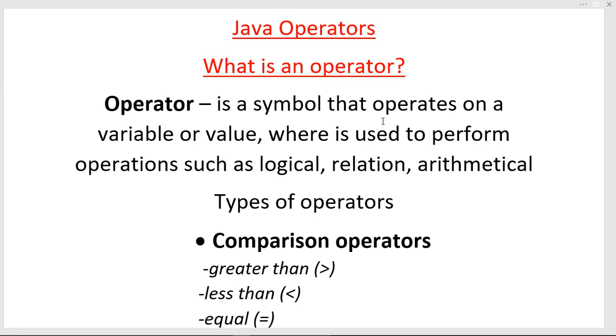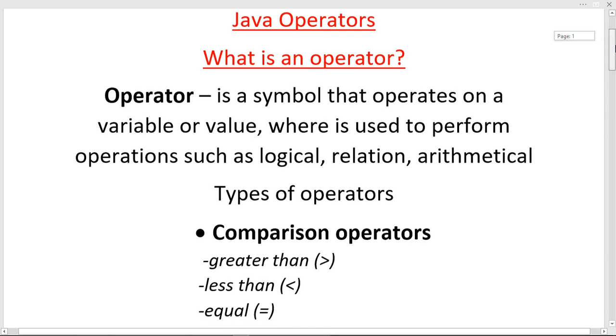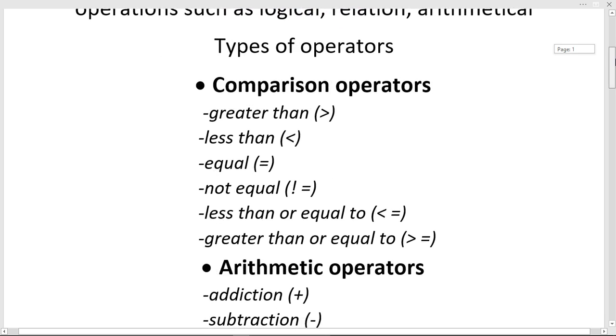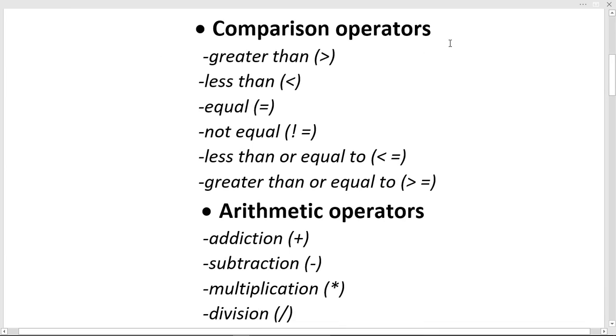So it works on variables or just a value, to perform operations such as logical, relational, and arithmetical. And now we have various types of operators, whereby we have comparison operators.